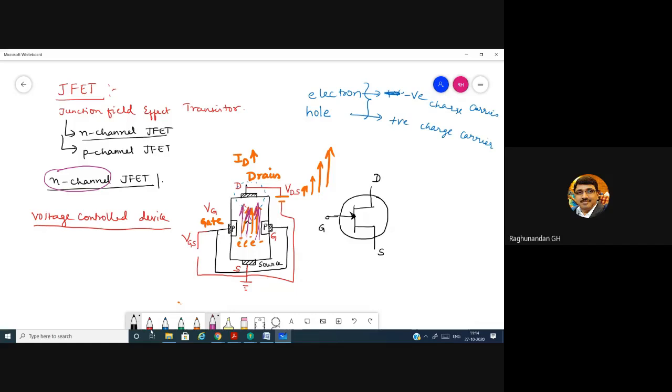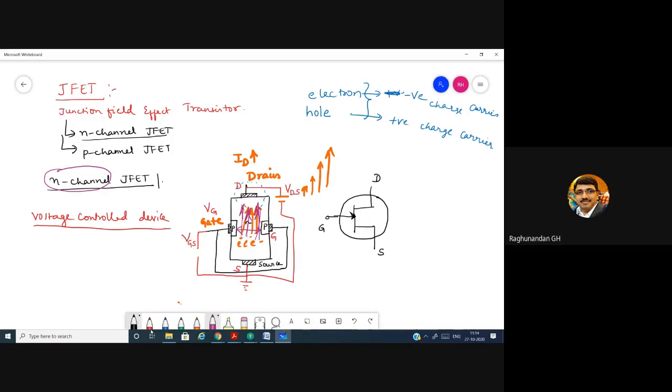Now, if I can reduce the width of this path, from here to here we have the channel width. If I reduce this channel width, what happens? The number of electrons or charges flowing will reduce.